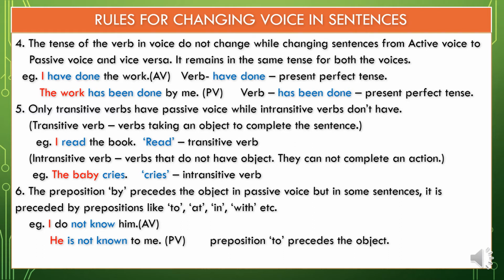Okay, the intransitive verbs, what happen? They don't have any object. Okay, they cannot complete an action. The verb that do not have object, they cannot complete an action. So, for example, the babies cry. Your object asane?